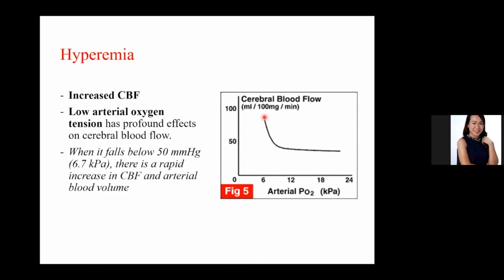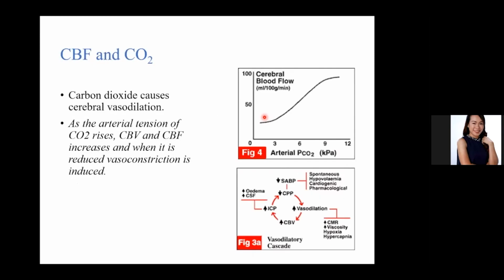So that's how simple you have to analyze this. Next, we also have the relationship between cerebral blood flow and carbon dioxide. As we have mentioned earlier, as we increase carbon dioxide level, it will cause vasodilation. So if there is vasodilation, meaning there will be increased blood flow going to the brain as well.